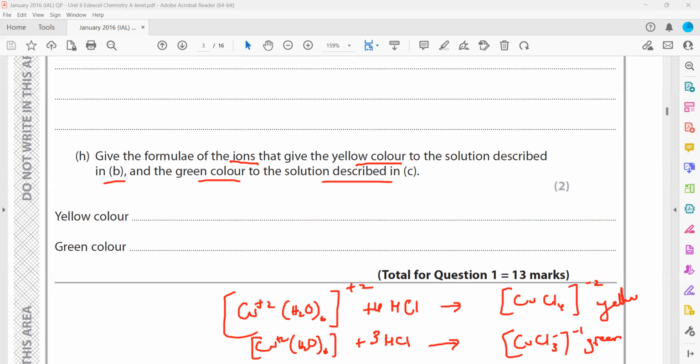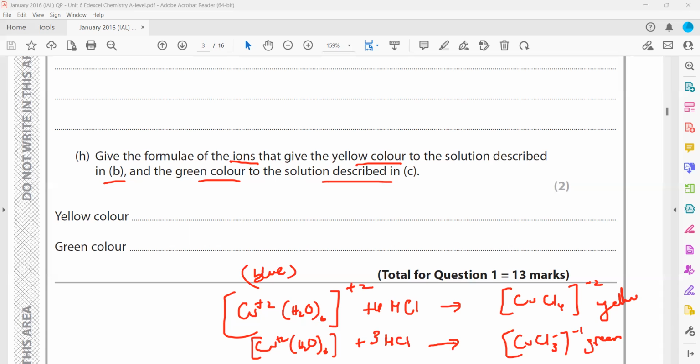And this original one was copper, which will be blue in color. So copper can change its color due to a change in oxidation number or due to the ligand which is attached. In this case, it is due to the ligand. For example, 3 chlorides attached, then it will be green in color.